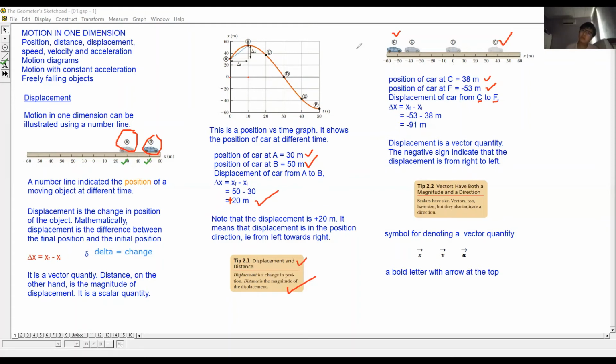Maybe the car is reversing, we don't know. So if they say the displacement of the car from C to F, the initial position is C, the final position is F.